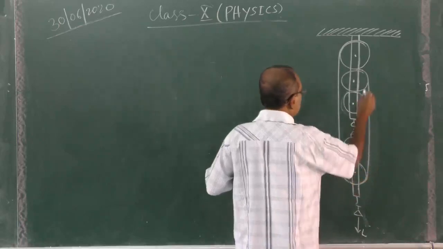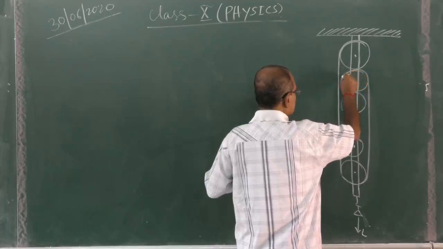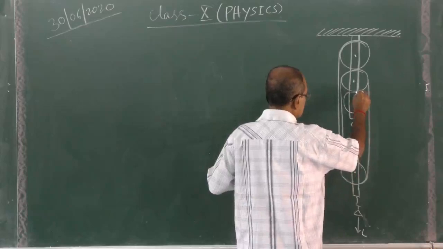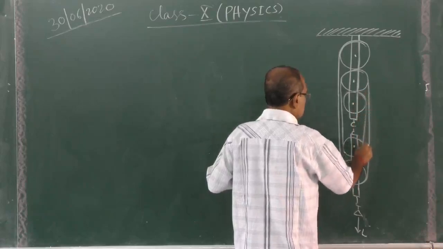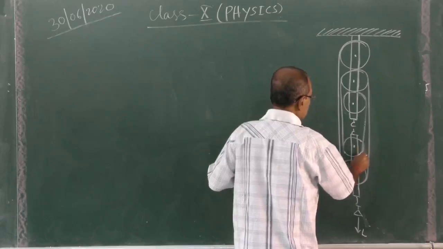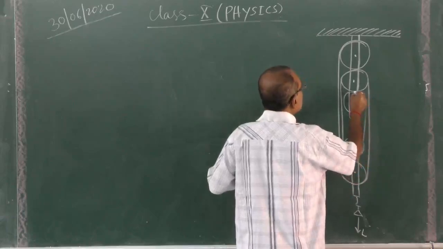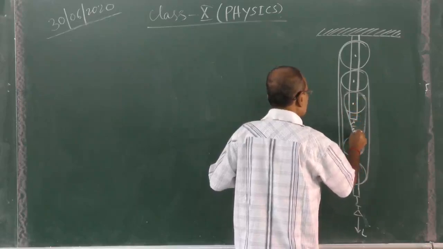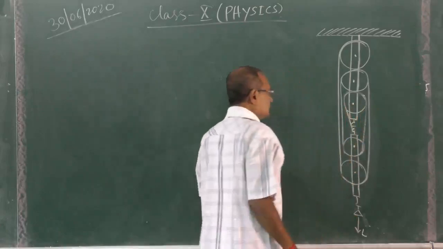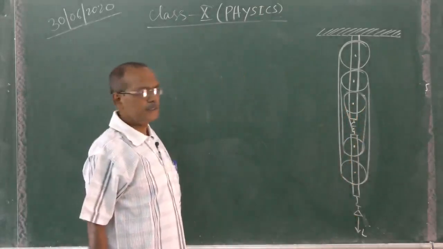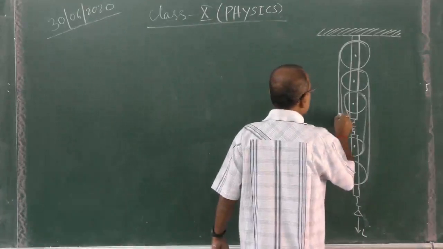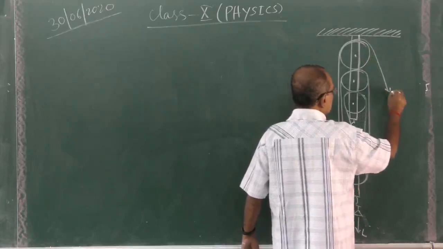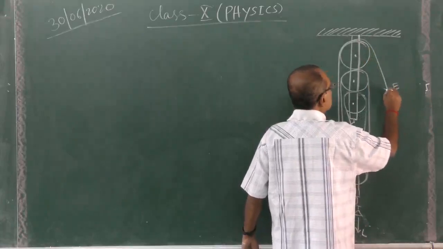The strands of the rope must be straight. Ropes are passing. And mark tension, effort, direction of effort also marked.